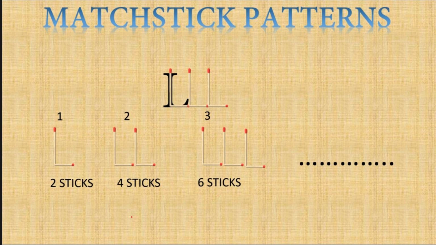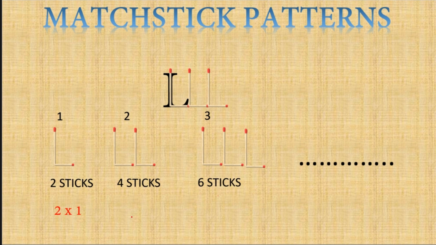This can be generalized so that if someone asks how many sticks are required to make 10 L's, we can't keep on doing this until we reach the number of sticks. For avoiding such problems, we will generalize the rule here. Observe this pattern: when we have 1 L, 2 into 1 is giving 2 sticks. So 2 L's means 4 sticks.